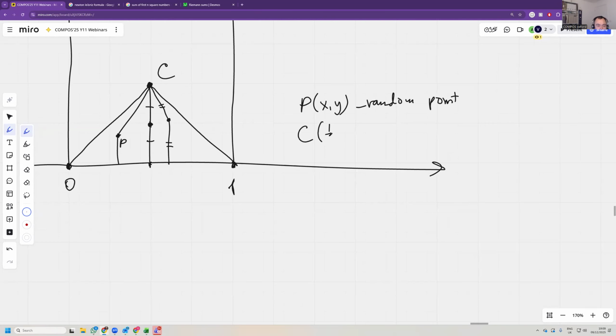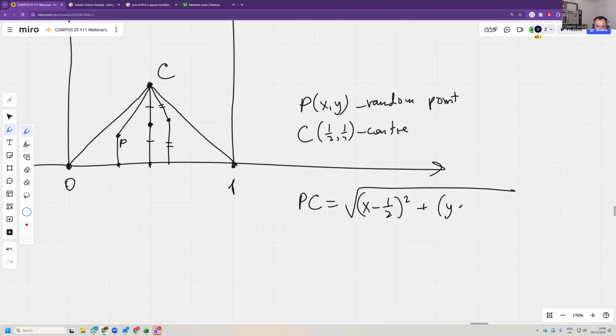C(1/2, 1/2) is the center. And so the distance PC, the distance from P to C, is the square root of (x minus 1/2) squared plus (y minus 1/2) squared. That's the distance to the center.